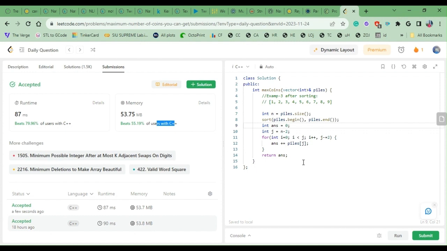I already submitted this before, and now I have submitted again. So it varies from time to time because of the server. That is why I saw 90 milliseconds the first time and now it's 87, because of network latency and other factors.